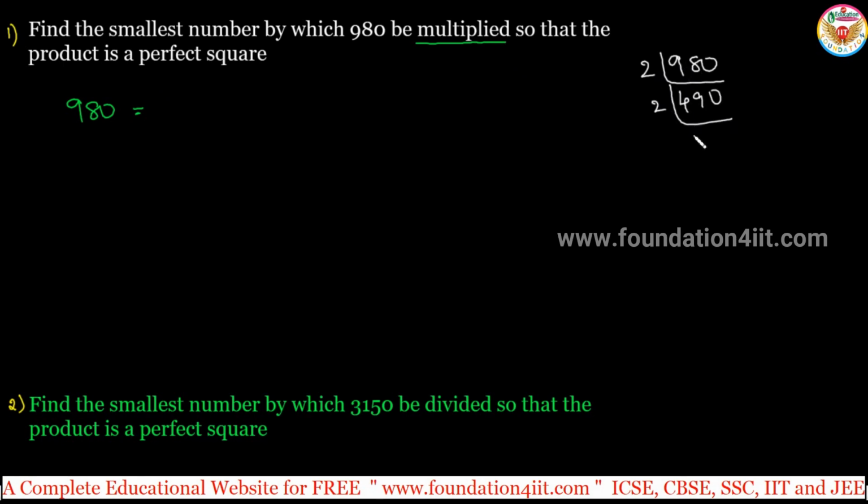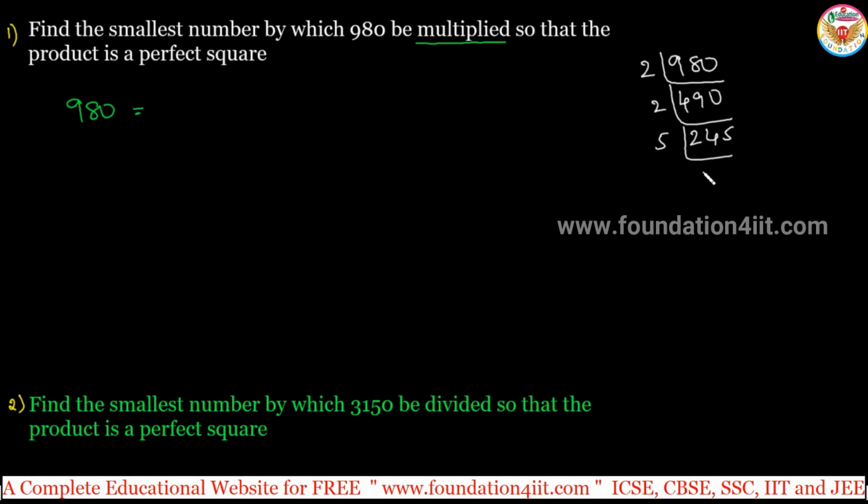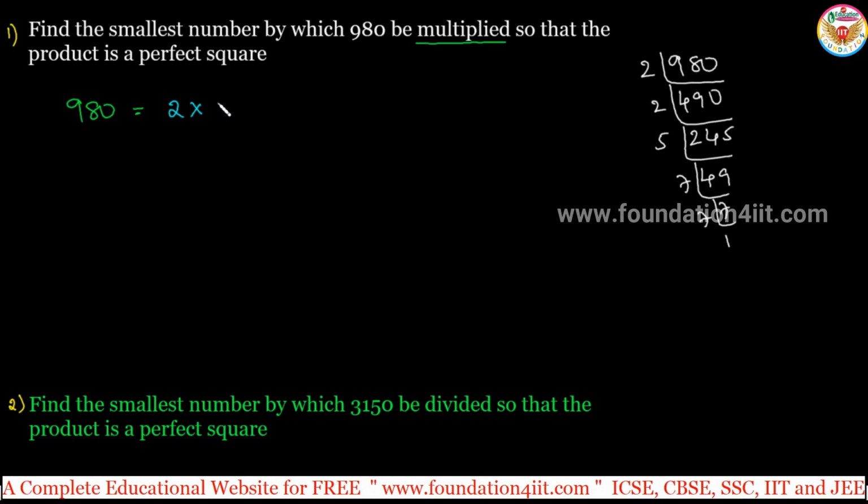Again the 2 table: 2 4s are 8, 1 carry, 10, now 5s. Next with the 5 table, because 2 will not go. The next prime number is 5: 5 4s are 20, 9. 49 is only in the 7 times table because 5 is not divisible. So 7 into 7 is 49. After doing this, we write all of it: 980 is nothing but the product of 2 into 2 into 5 into 7 into 7.